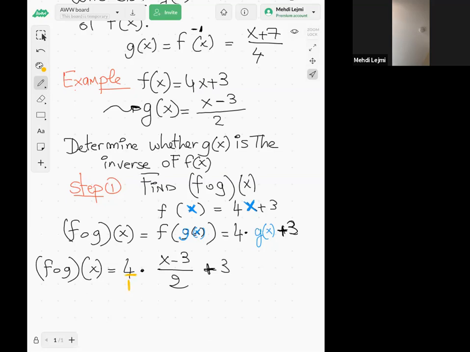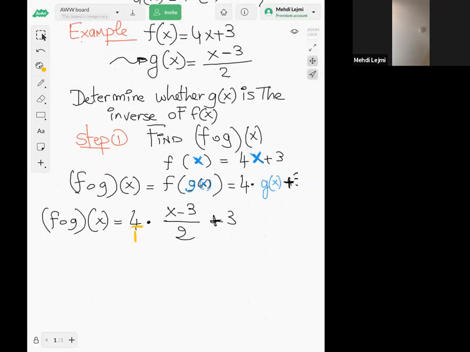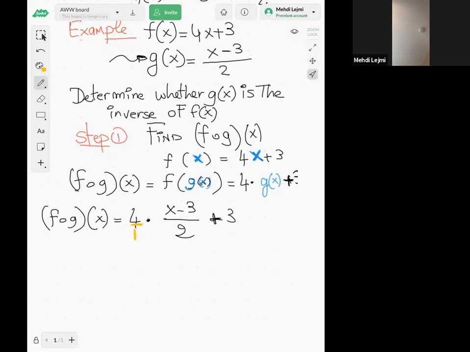And so you can multiply the fractions. So how do we multiply fractions? You just multiply straight across. So it's f composed with g of x. So you multiply the numerators, the top. So it's 4 times x minus 3.